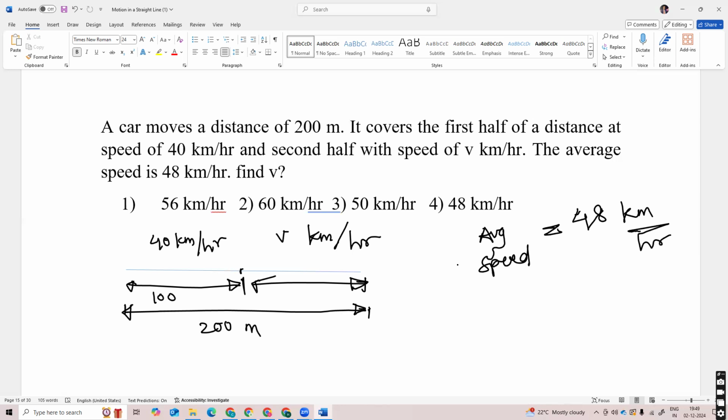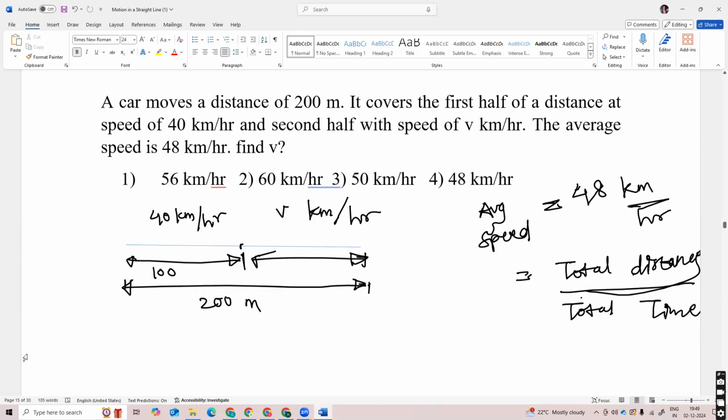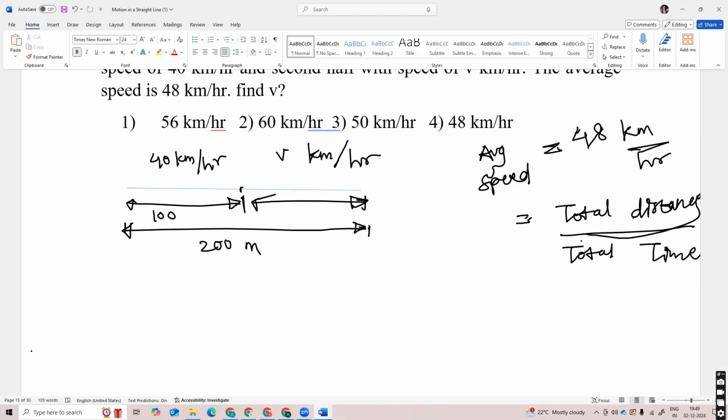You know that average speed can be given as total distance upon total time. Here we know that the total distance is 200 meters. It is already given. So we have to find the total time.